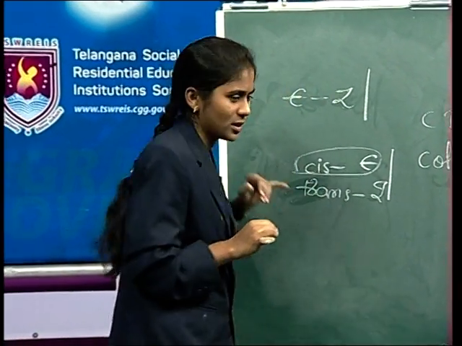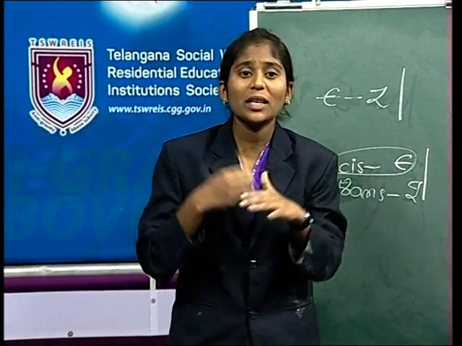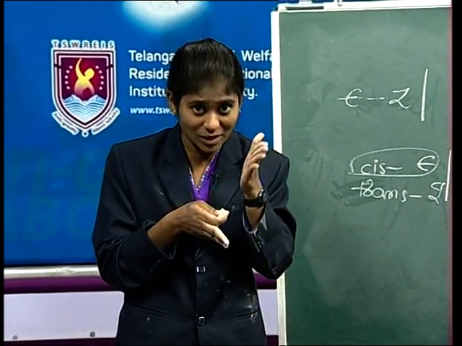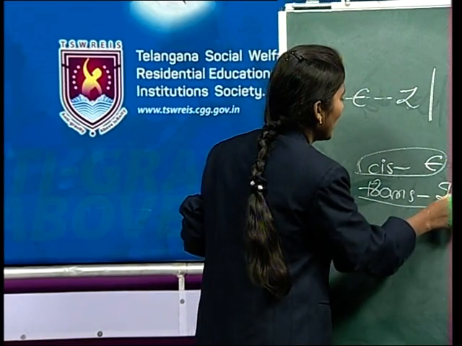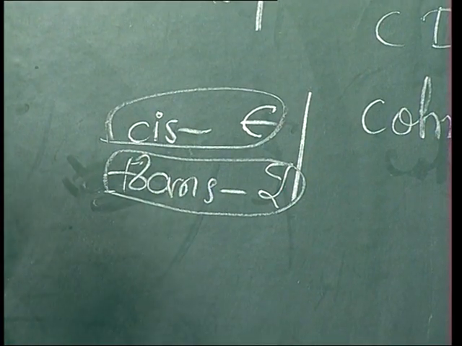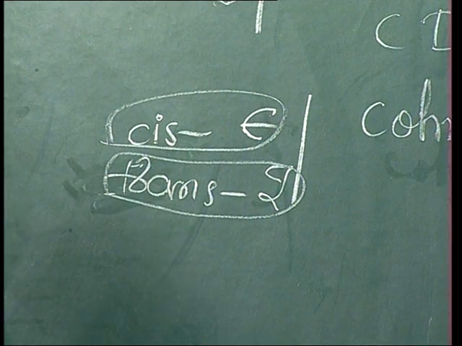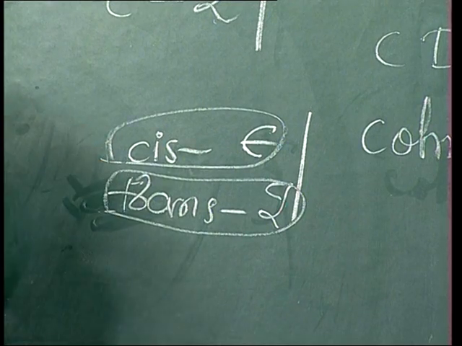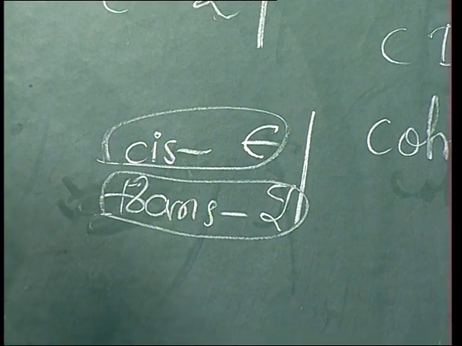Automatically the higher priority on the opposite, across side is called trans. Z configuration is on the left side, and E is on the right side. So E is nothing but cis isomerism and Z is nothing but trans isomerism.